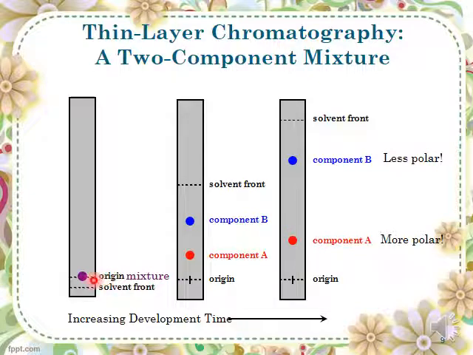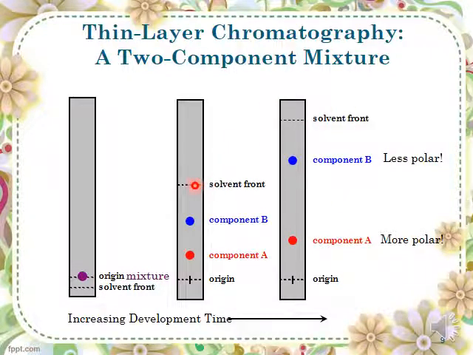Okay, so let's say here we have an example of a thin layer chromatography, TLC, of a mixture of two components, component A and B. So this is the original line and this is the solvent front.